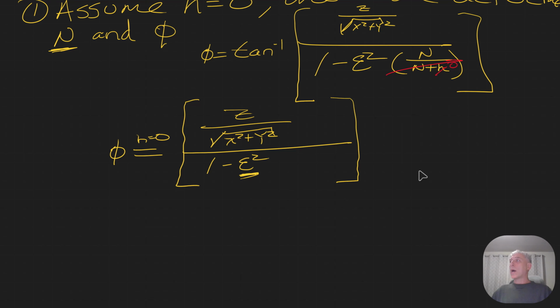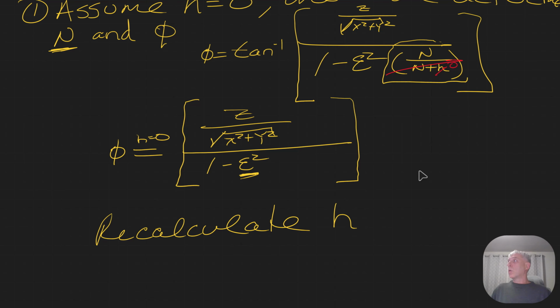And we would use those components then to calculate the eccentricity. We have our x, y, z coordinates. So all of those numbers are known. There are no variables here. We can easily get a phi. So once we have that, then we can recalculate h. And we use that h value then, and the full formula, this no longer cancels out.